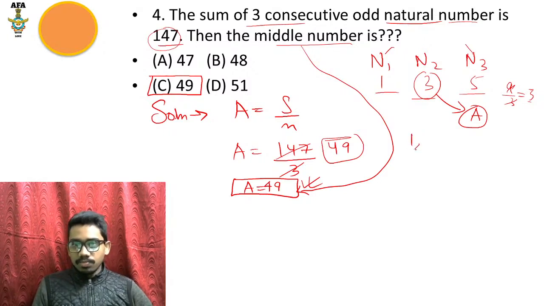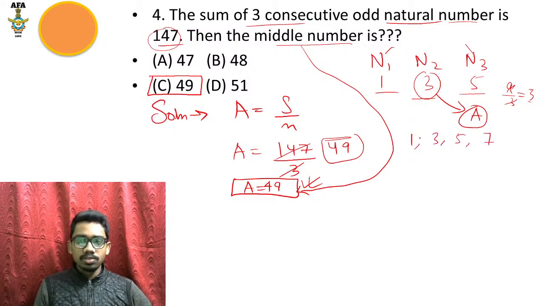If it is even, suppose 1, 3, 5 and 7. Here the number of terms is even, so the average can be 7 plus 1 by 2, that is 4, or the average of the middle two numbers, 5 plus 3 by 2, which is 4.